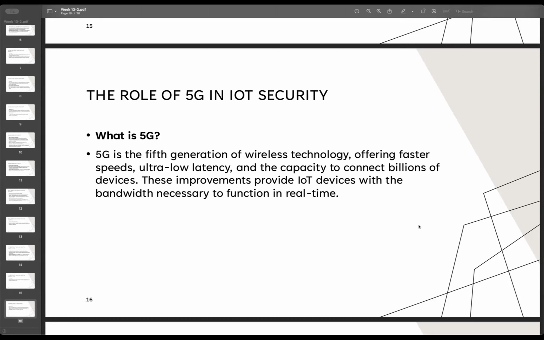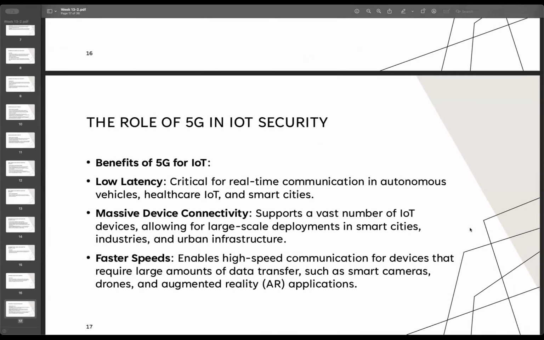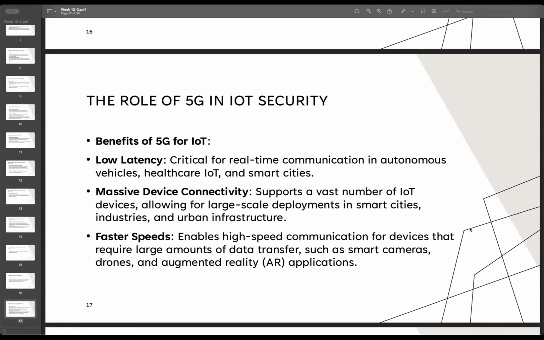Later it will probably be 5G or 6G, which is similar. When we use it, low latency is more critical, especially for smart things. We say IoT, we highly rely on real-time communication.